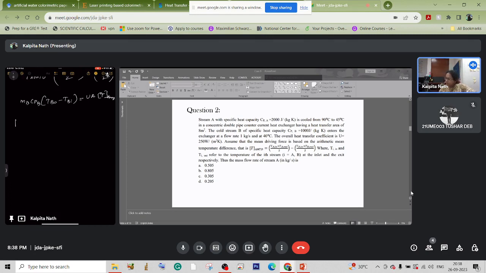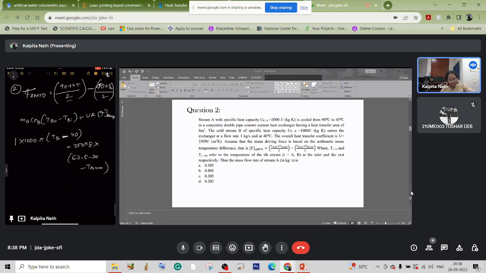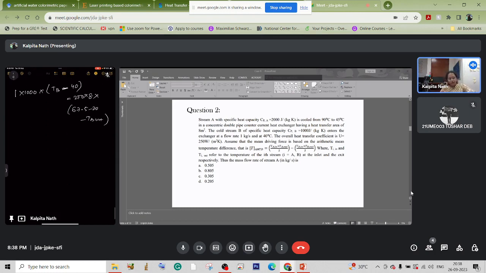This will be 1 into 1000 into (TB out minus 40), equal to 250 into 8 into (67.5 minus 20 minus TB out). TB out is what needs to be found. I am not going into the details; if you solve this, you will find TB out to be 67.5 degree Celsius.